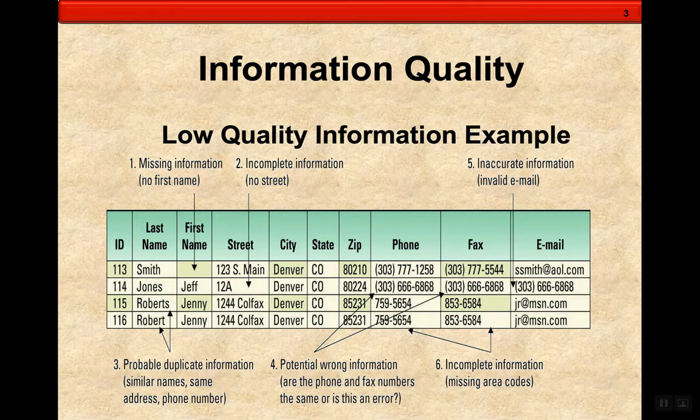So you have all of these potential abnormalities, or variations, we'll use variations, of data, which we can use to evaluate the quality of the data.